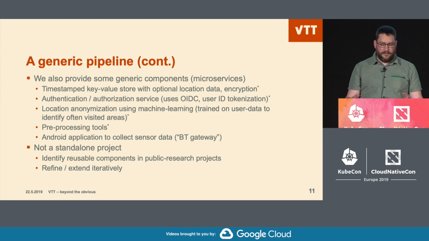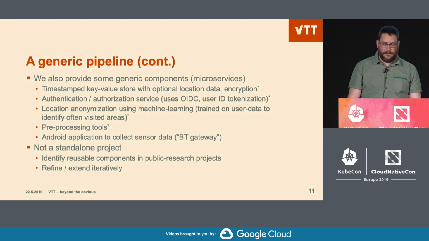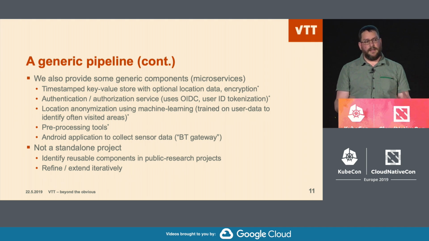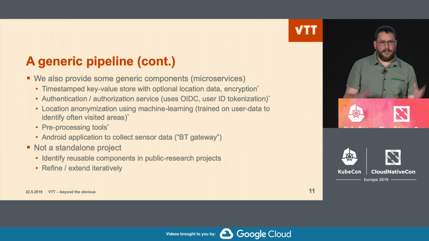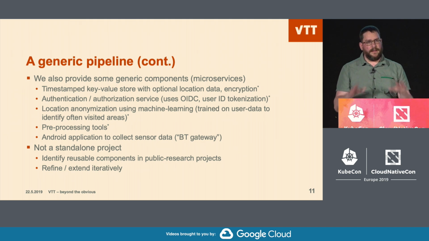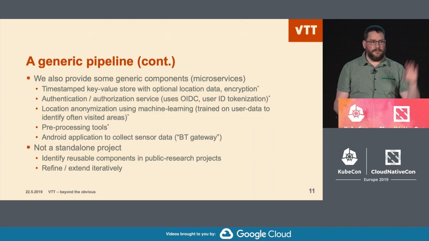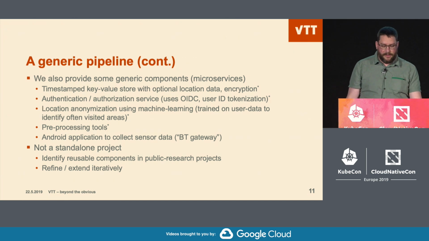We developed a couple of components taken from previous projects. So one of them is location anonymization that we can utilize if we have to collect some kind of location data. We found that often it's enough if we identify areas that a person visits often, and we label them 1, 2, 3, 4, and it's enough for what we are doing.